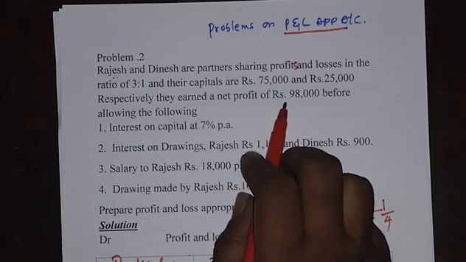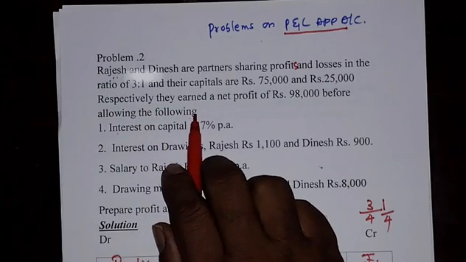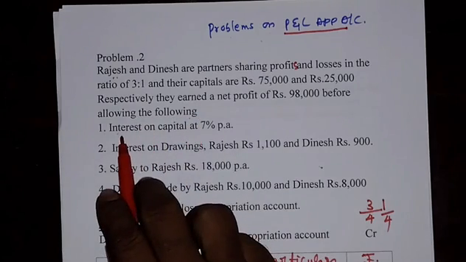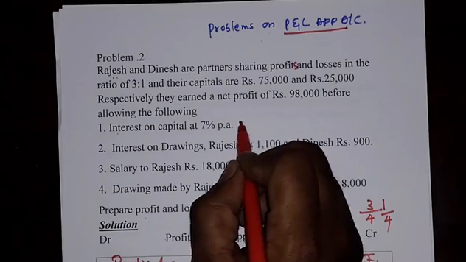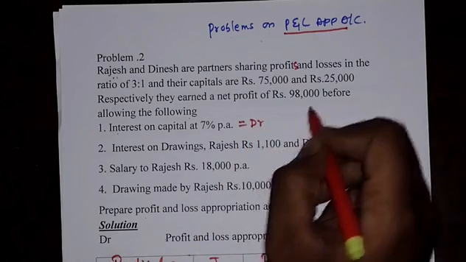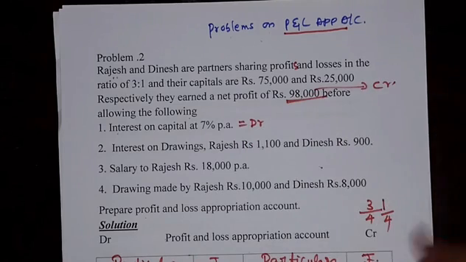They earned a net profit of rupees 98,000 before allowing the following. First one, interest on capital at 7%. It should appear on the debit side and the net profit should appear on the credit side. Net profit is 98,000.